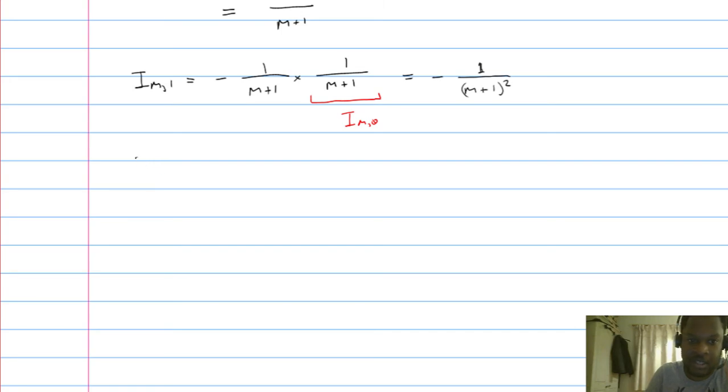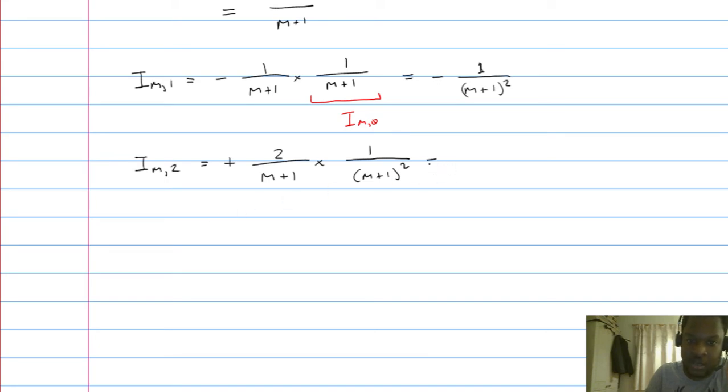So we will ask for the next one, I_{m,2}. Well, that's just going to be minus 2 over m plus 1 times the previous integral, and the previous integral is here, right? So we're going to get 1 over m plus 1 squared, and there's a minus sign that we don't want to forget about, so we'll include it by turning this minus into a plus.